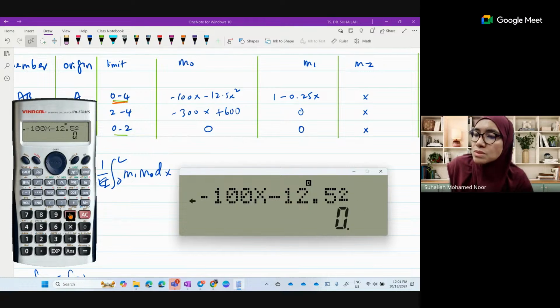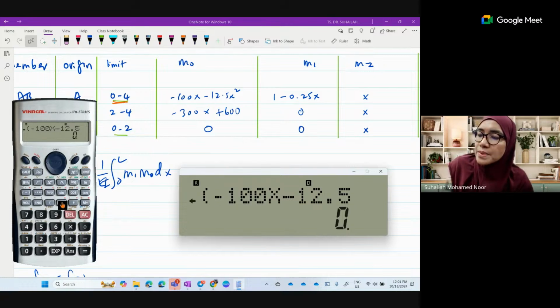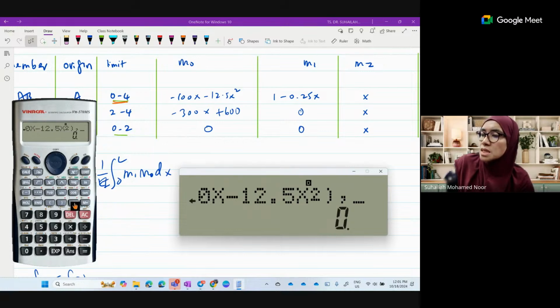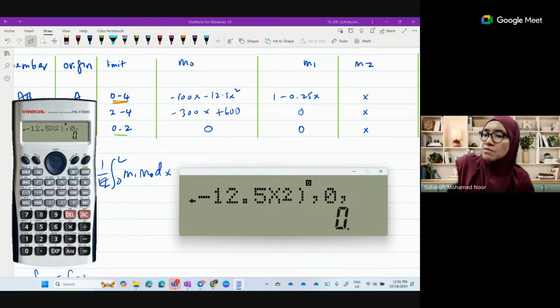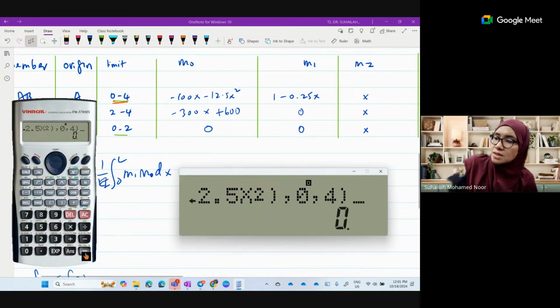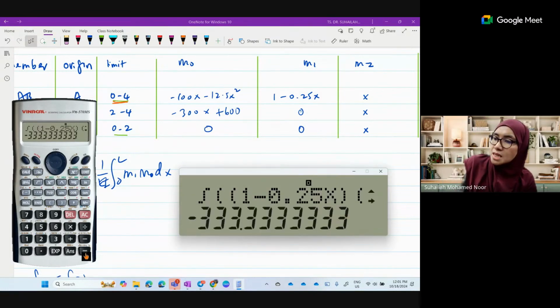Kena tekan alpha X dulu, kena tekan alpha X square. Macam ni kan? Okay, bracket close, comma, 0 to 4, close bracket. Kan kalau kalkulator baru terus je kan? Ni kalkulator lama. Okay, so this is for AB.